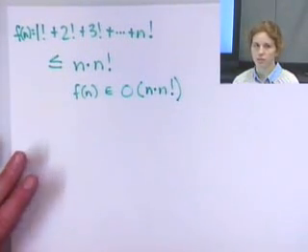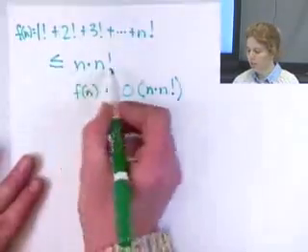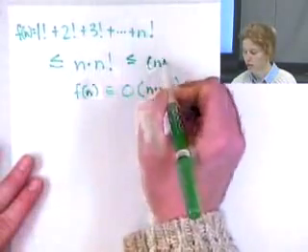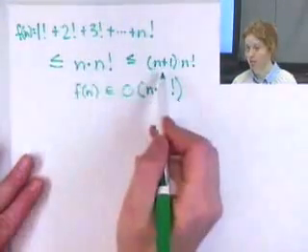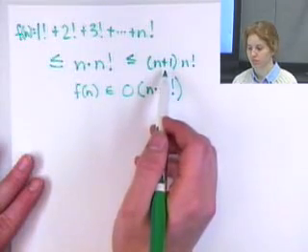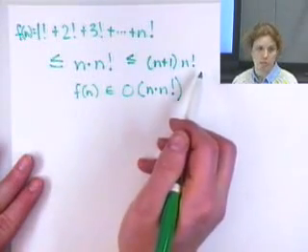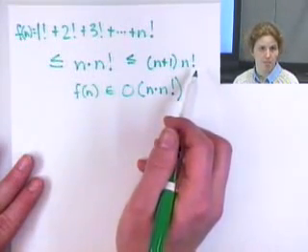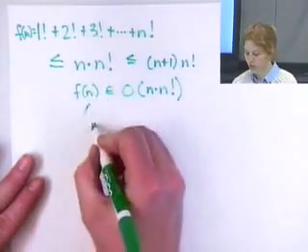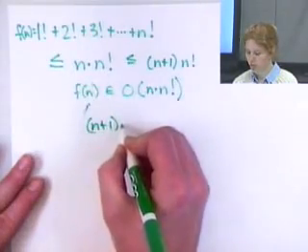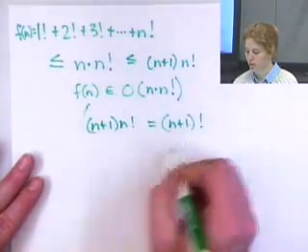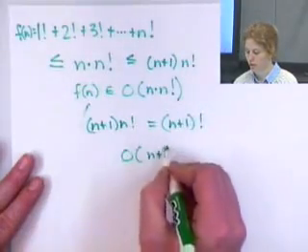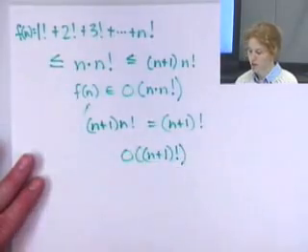This is something a little bit funny with big O. N times n factorial is less than or equal to n plus 1 times n factorial, right? That's a pretty obvious step. Replacing n with n plus 1 makes it larger. So n plus 1 times n factorial equals n plus 1 factorial. So this is also in the big O of n plus 1 factorial.